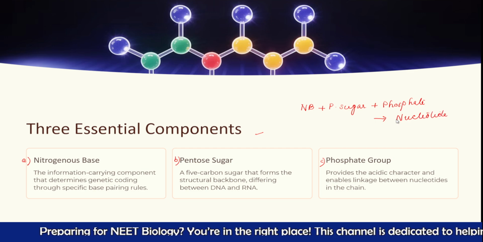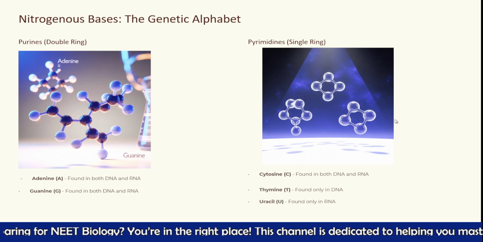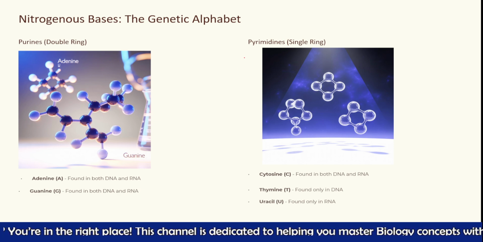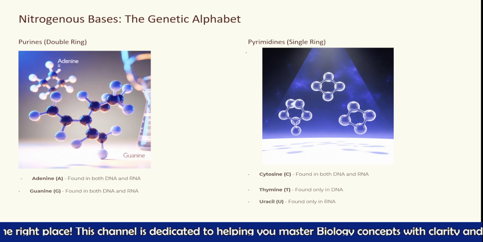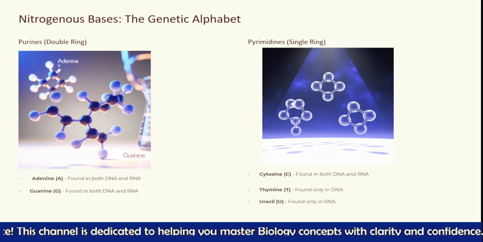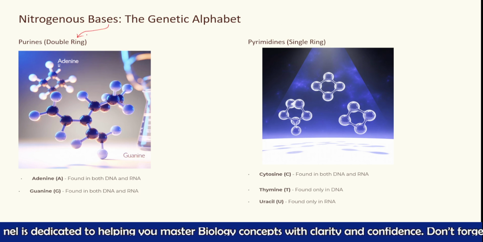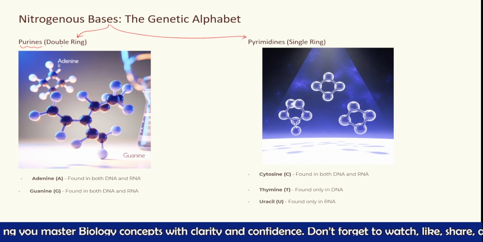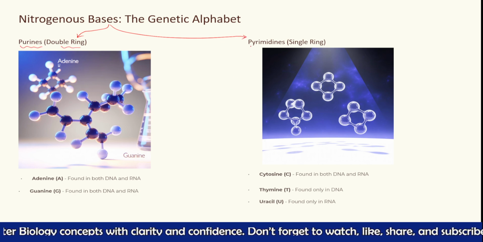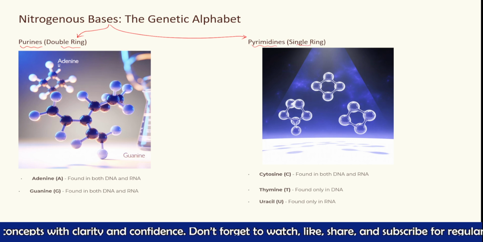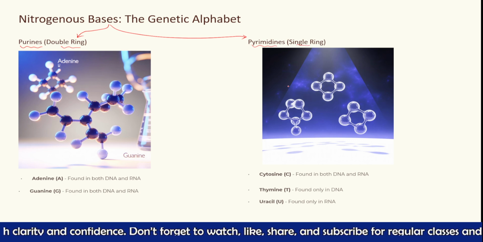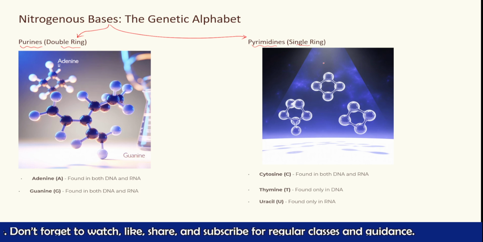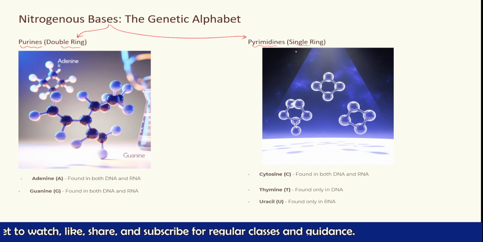So what are nitrogen bases? Nitrogen bases in nucleic acids or nucleotides consist of two different types. Nitrogen bases are broadly classified into two categories. One is purines, they have a double ring, and the other is pyrimidines, they have only a single ring. Remember, nitrogen bases are classified into two types: purines and pyrimidines.